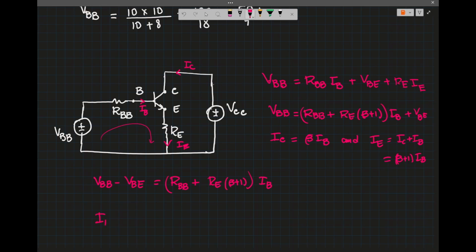So IB is given by VBB minus VBE over RBB plus (beta plus 1) RE.